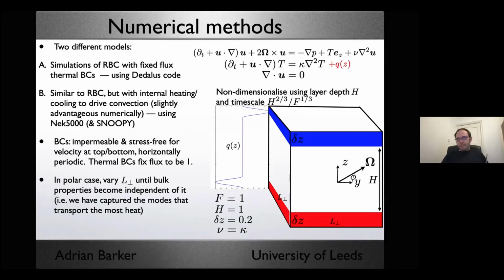So what we need to do is vary the viscosity so that we try to keep a reasonably supercritical convection, and essentially it means we decrease it as we increase the rotation rate. Excellent. Okay, thank you. I'll try and be a bit more precise about that when I go through this.